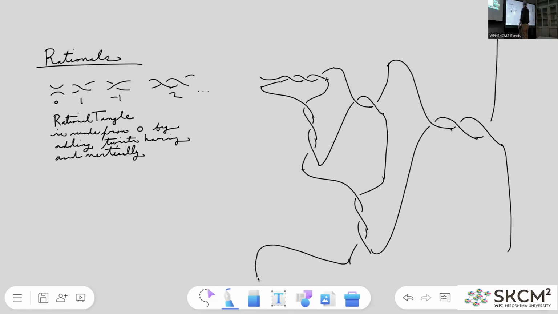Call that my tangle. So that's a typical rational tangle. The only thing is I have drawn this one in an alternating form. It might not be alternating, not necessarily alternating.